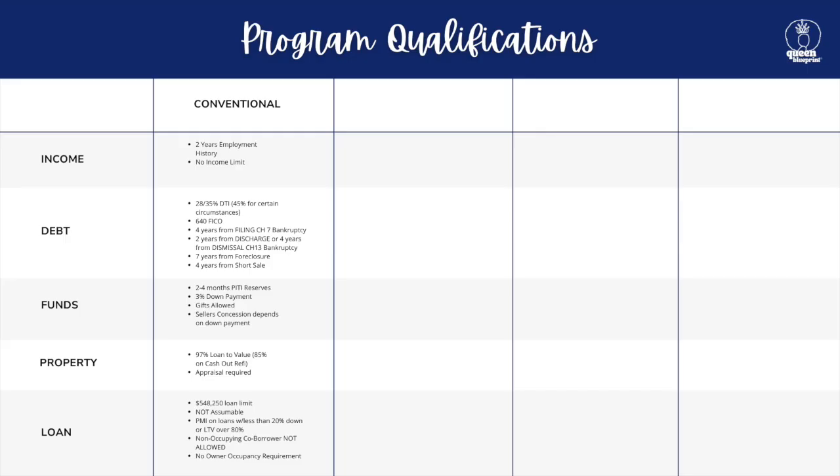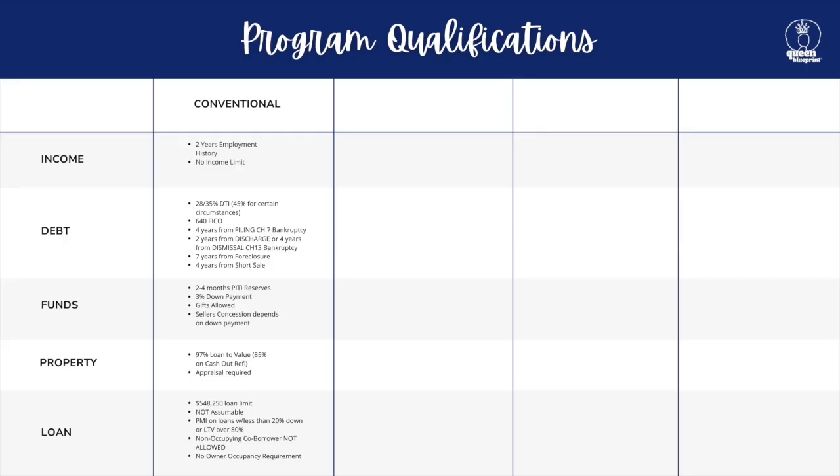You need 4 years from filing a Chapter 7 bankruptcy, or 2 years from a discharge or 4 years from dismissal for a Chapter 13 bankruptcy. So if you have a Chapter 7 bankruptcy, you need it 4 years from the filing. If you have a Chapter 13 bankruptcy, it's either 2 years from discharge or 4 years from dismissal.